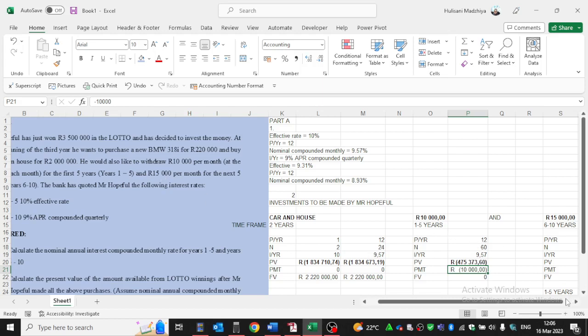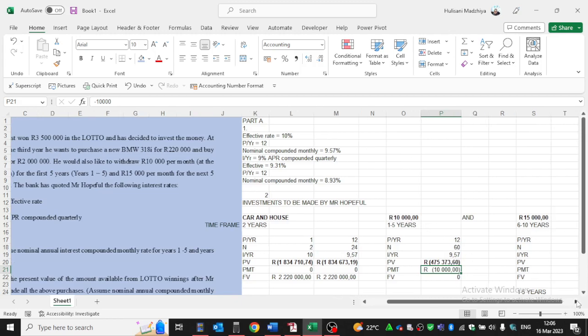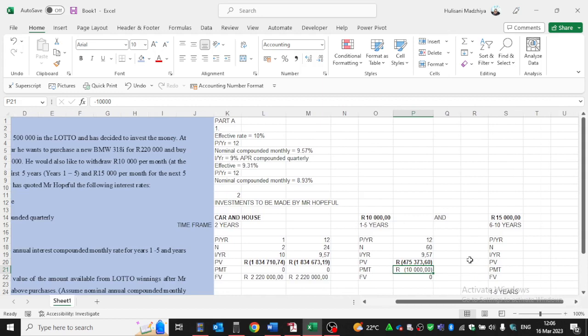So meaning that at the period of year 6, he's no longer going to be withdrawing 10,000. He's going to move to 15,000. So he will need an investment that will allow him to earn 15,000 from year 6 to year 10. So therefore he can withdraw 15,000.